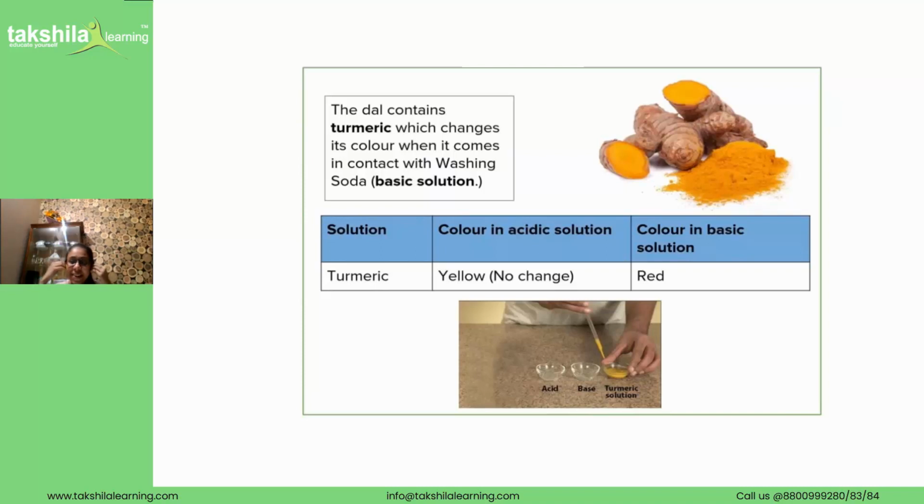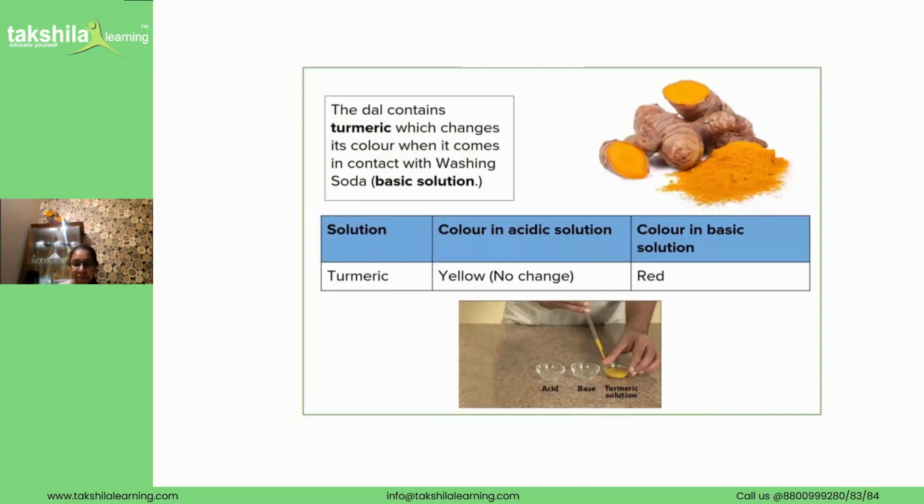So that is the reason, as I told you, whenever we put turmeric into a basic solution, it turns red. So the dal had turmeric, right? And when that dal fell onto her t-shirt and the dress was put into the washing machine, the washing soda, which is the detergent, reacted with turmeric, and as washing soda is a basic solution, it turned its color into red.